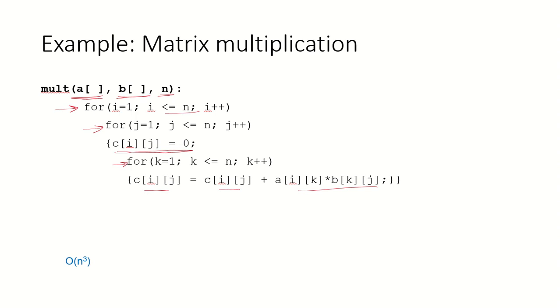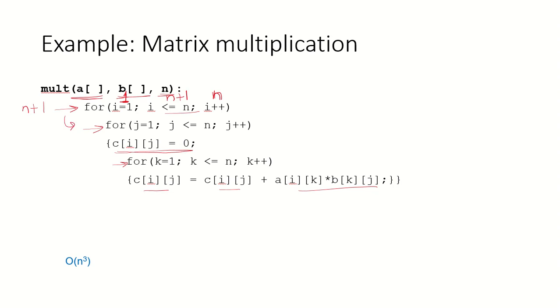If we compute their growth rate, this assignment will take 1 step, this would be done n times, and this comparison would be done n plus 1 times. For this statement it is n plus 1, but within the loop it will go n times.